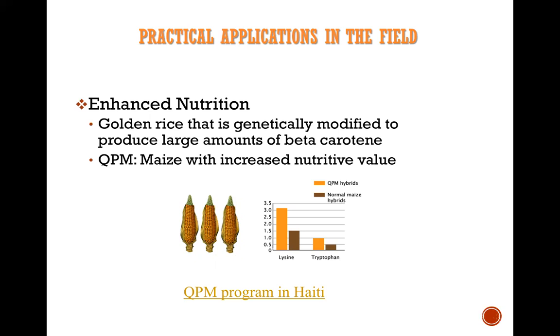Unfortunately, this work never really got off the ground and is not being used in the food supply, mainly because of social resistance. It changed the color of the rice from white to yellow. It was also difficult for people to accept genetically engineered food.